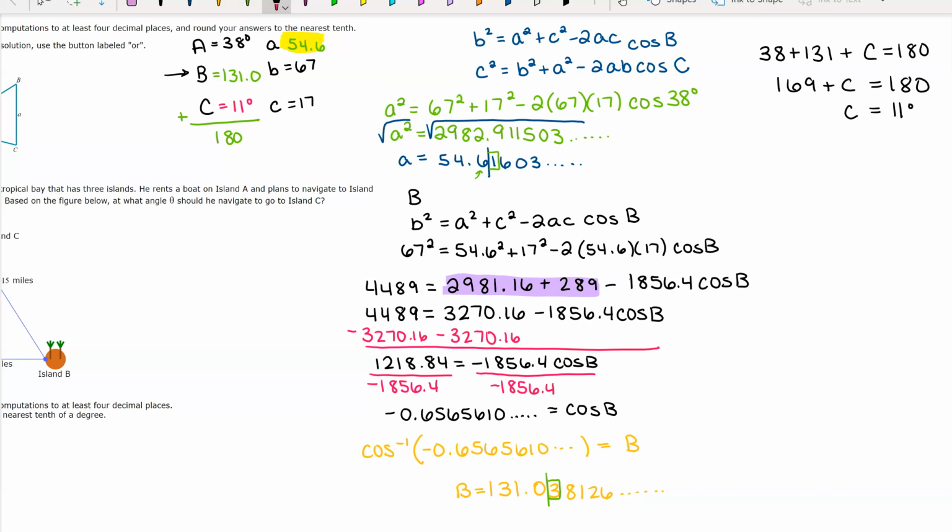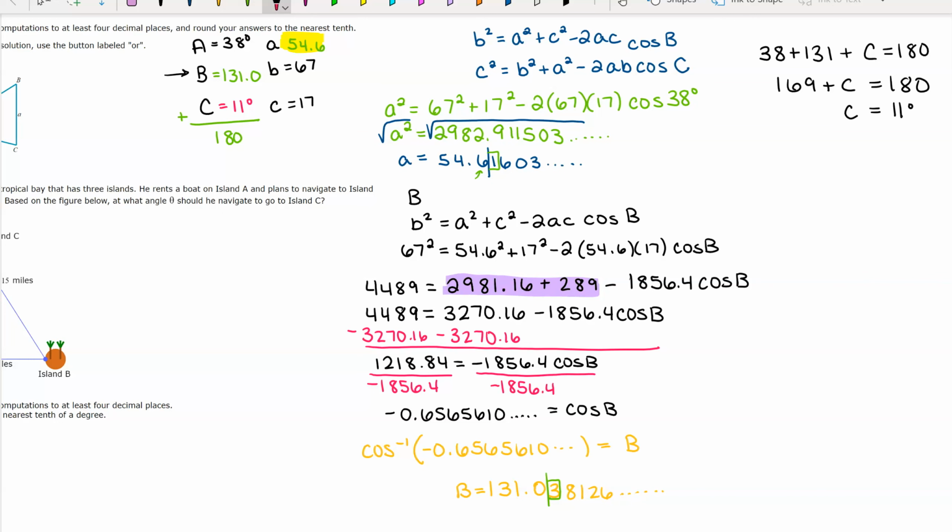For the second angle, you could have used the law of sines, but remember, when you use your sine inverse button, it only gives you an answer between negative 90 and 90. And so, of course, it's not going to be a negative number, right? So it's going to give you an acute angle, but sometimes there's a second angle that has the same sine value over in quadrant 2.